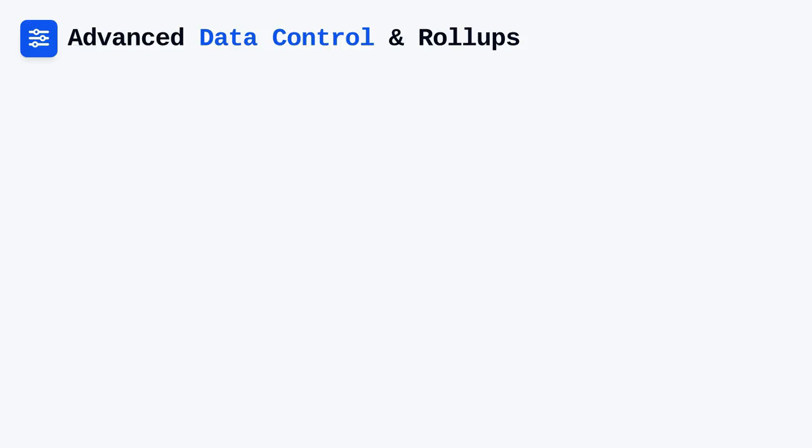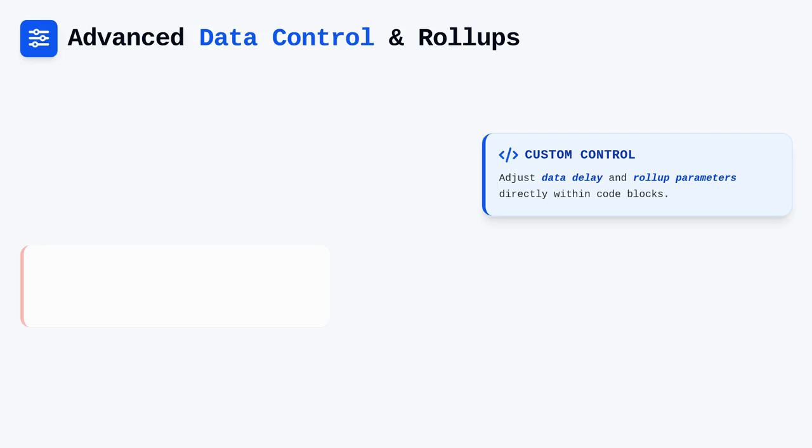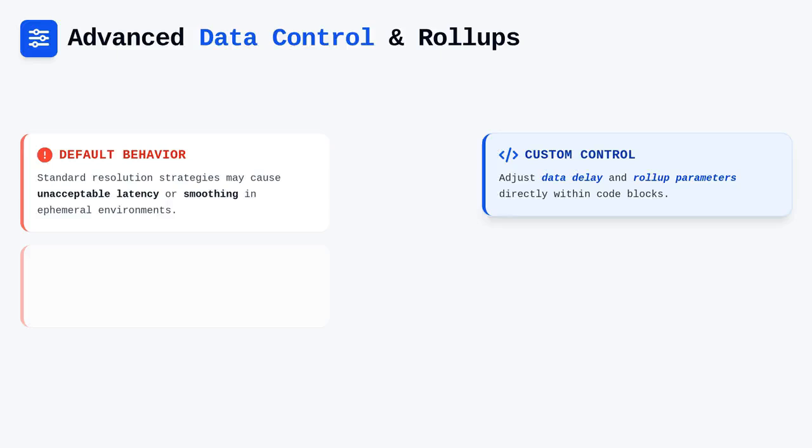One of the most powerful features you will encounter is the ability to adjust data delay and custom rollups directly within your code blocks. By default, the system applies standard resolution strategies, but in an ephemeral environment where nodes spin up and down rapidly, the default may introduce unacceptable latency or smoothing that hides transient spikes. You can manually set the rollup parameter to ensure that you are gathering data at the exact granularity required for a specific detector.